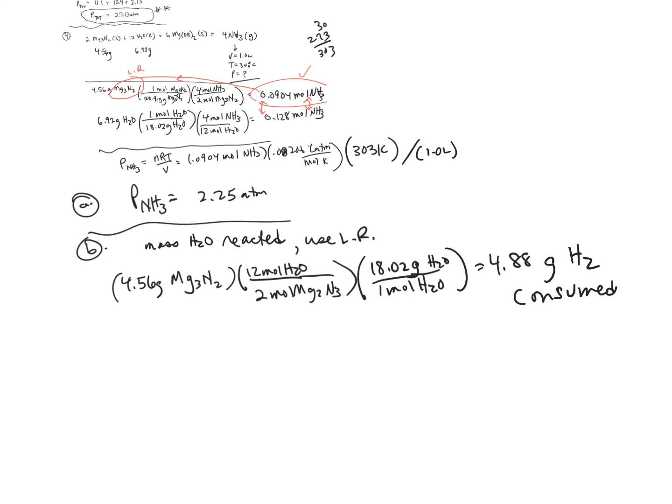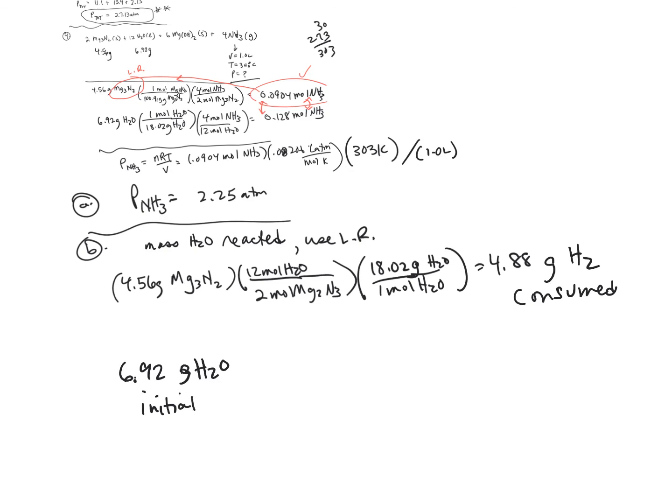Okay, that's not the answer though. That's how much is used up. Remember, water was the one that's in excess. So you want to use the amount of water that you started with, which is 6.92 grams of water. That's how much you had initially before the reaction.